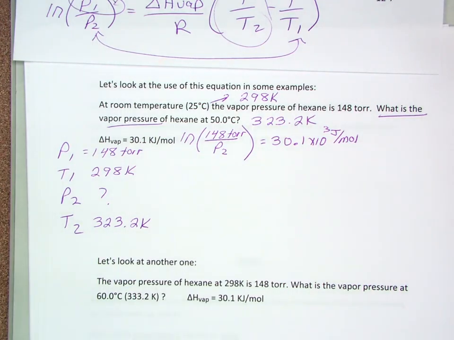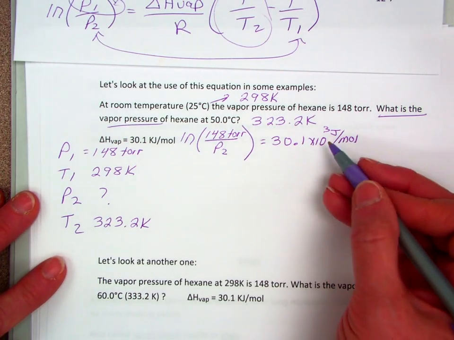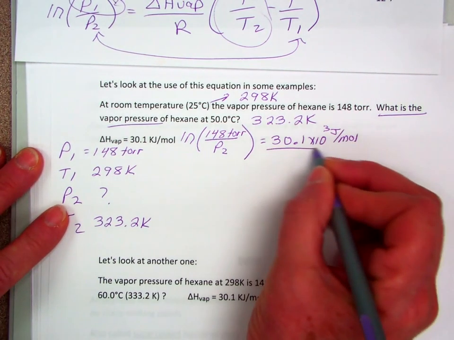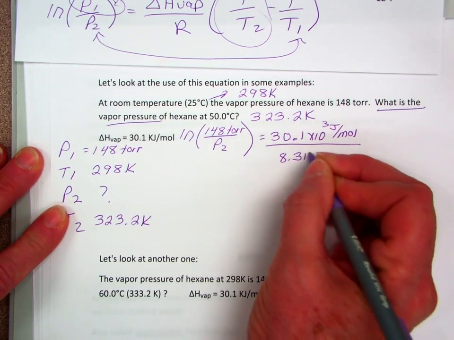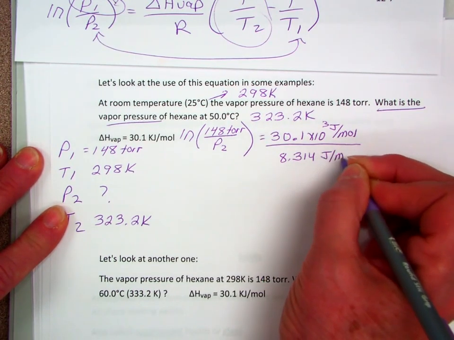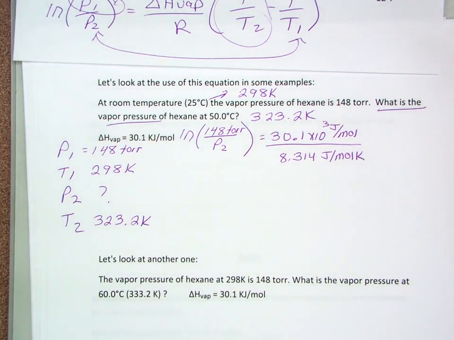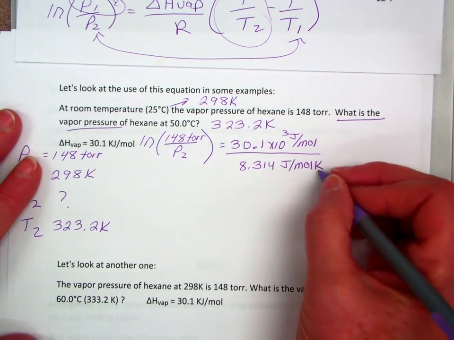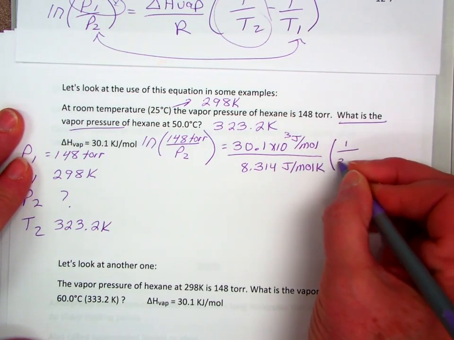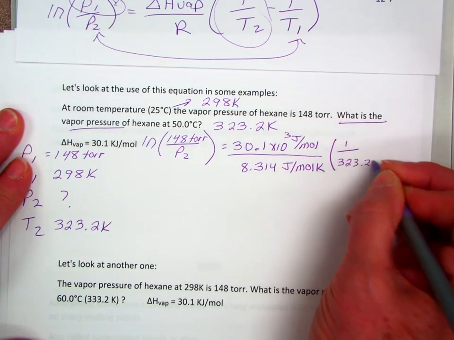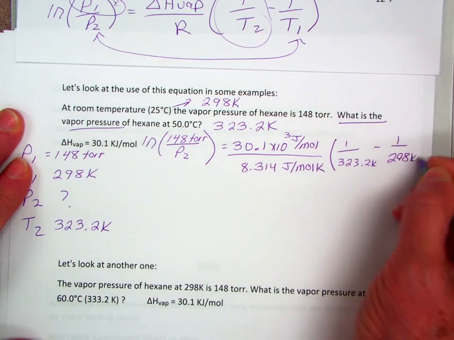I didn't put it in scientific notation. I just left the 30.1 and slapped on the 10 to the third to switch it, right? Divided by R, 8.314 joules per mole Kelvin. So you can see our joules per mole will cancel, and we have reciprocal Kelvin there, which will become Kelvin, times 1 over T2, 323.2 Kelvin, minus 1 over T1, 298 Kelvin.